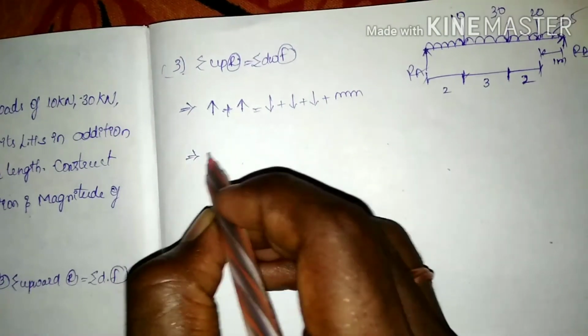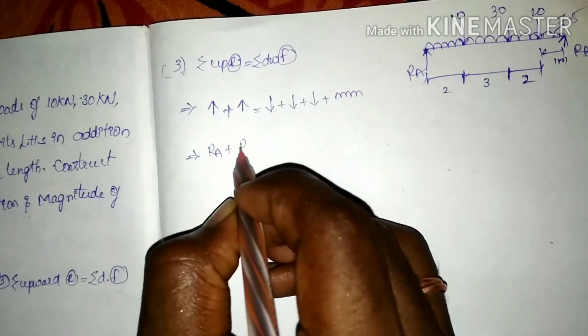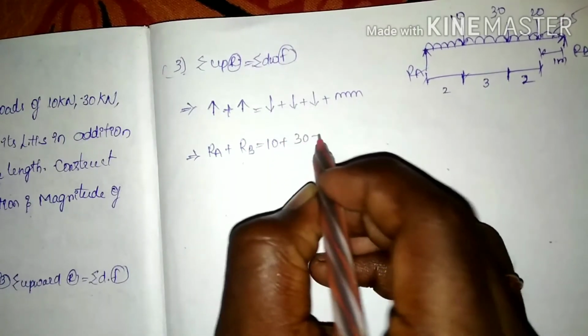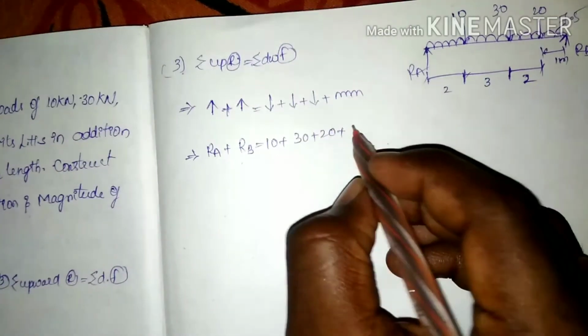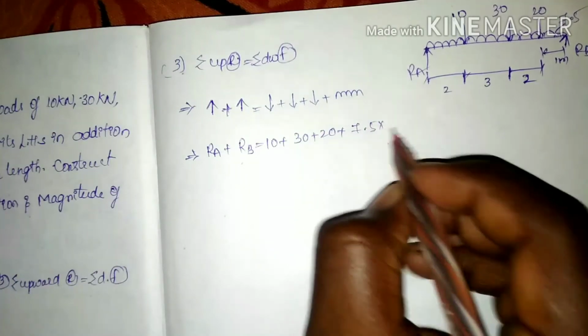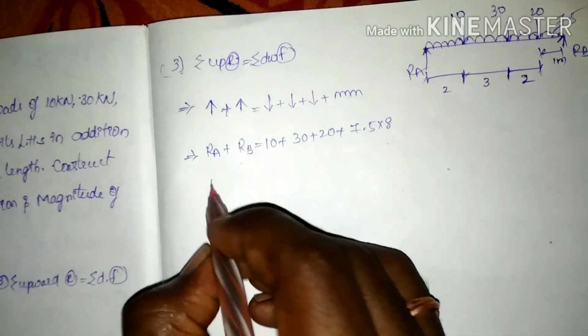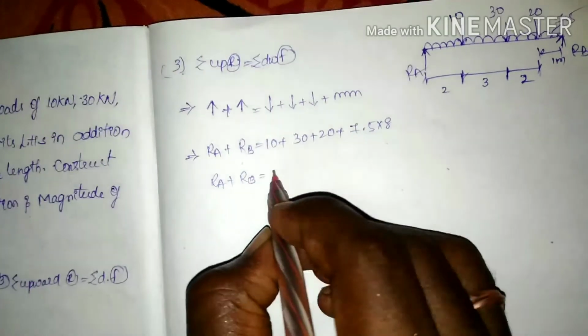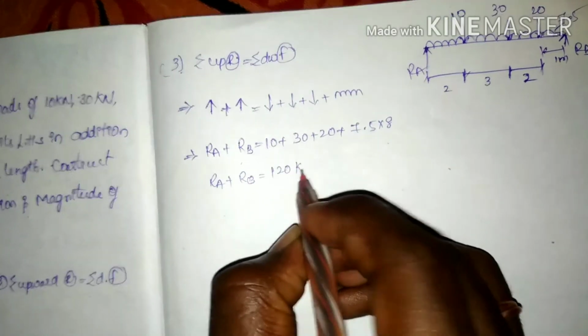So RA plus RB is equal to 10 plus 30 plus 20 plus the UDL converted to a point load. RA plus RB is equal to the total load on the beam, 120 kilonewtons.